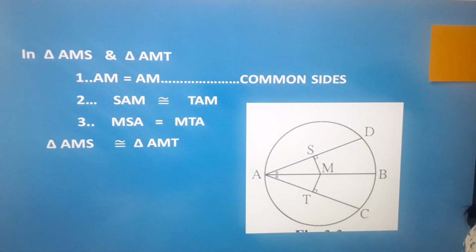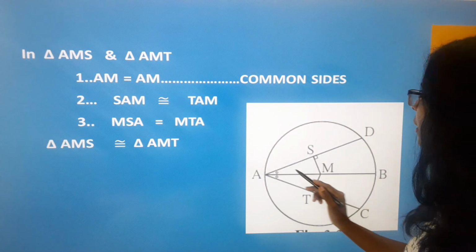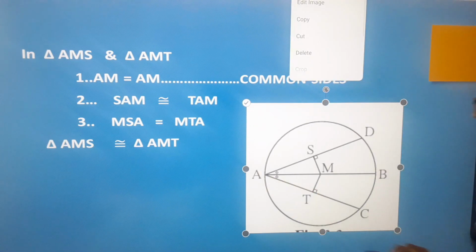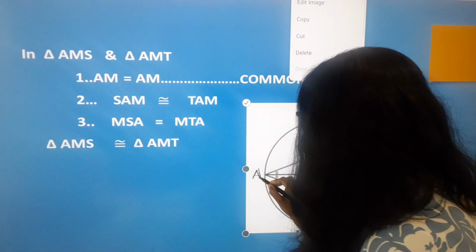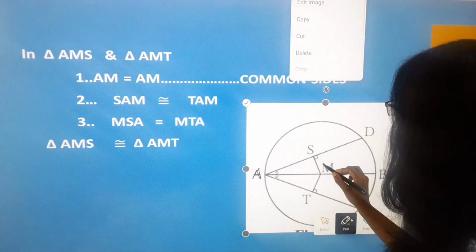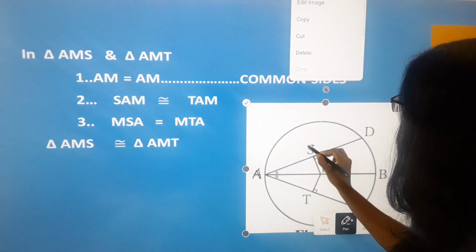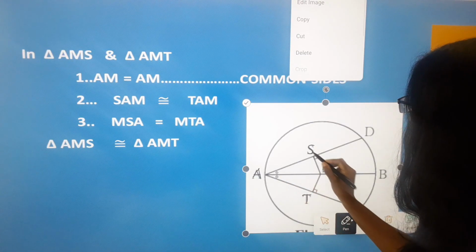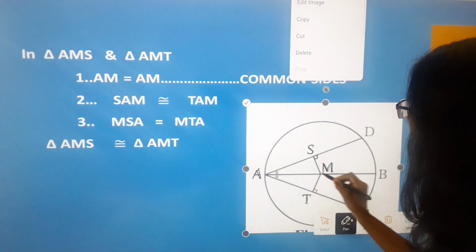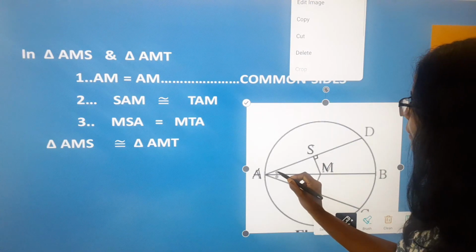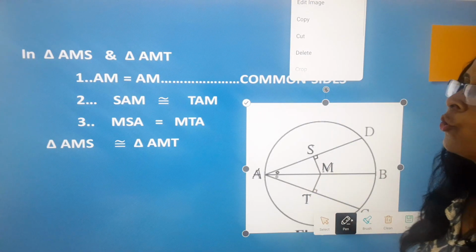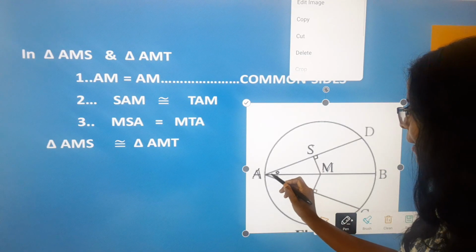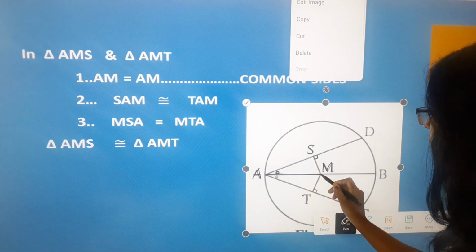Now we have the two equations, and if you see the figure, there are two right angle triangles, AMS and AMT. In these triangles, first, side AM is common.